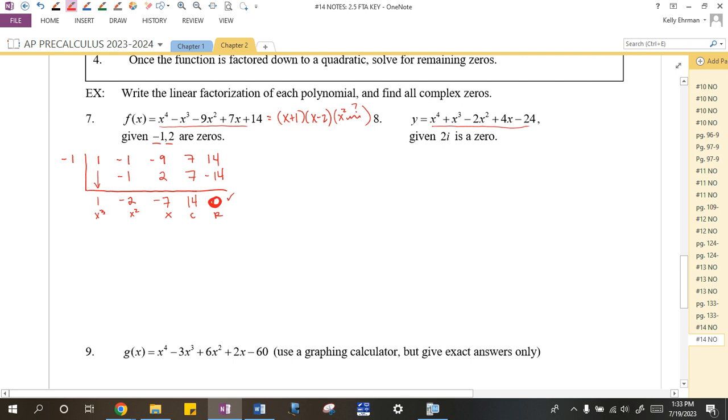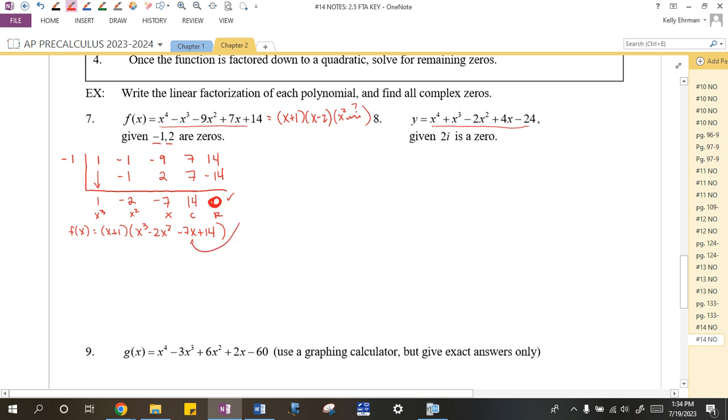It is beneficial to factor as you go, not required, but so far here's what we have. F of x we now know equals x plus 1, what we just divided by, given that 0, times x to the 3rd minus 2x squared minus 7x plus 14. The reason I say it's beneficial to write out your factorization right now is because this result factors by grouping, but maybe we don't recognize that.